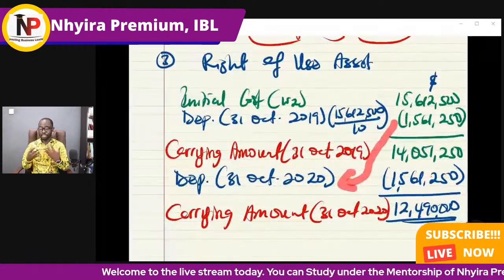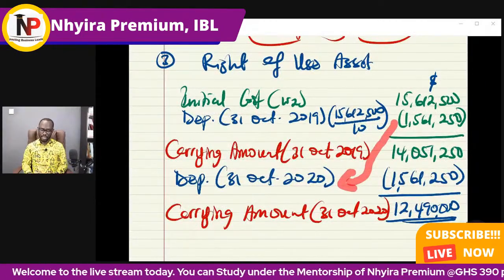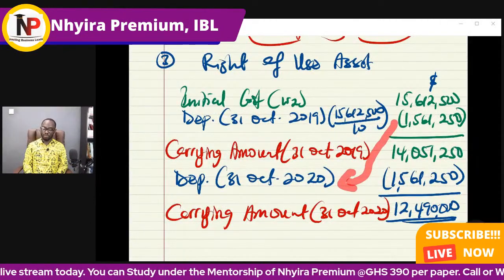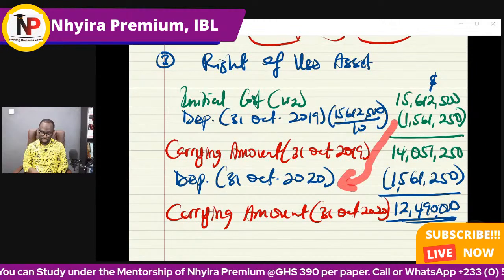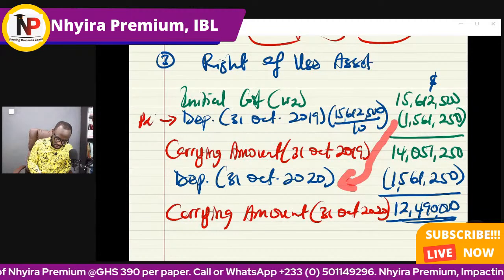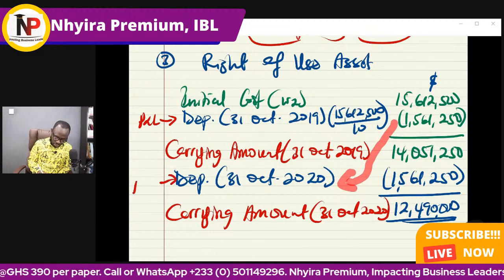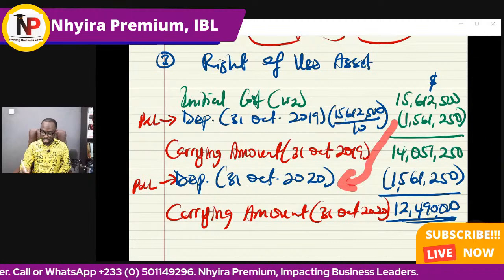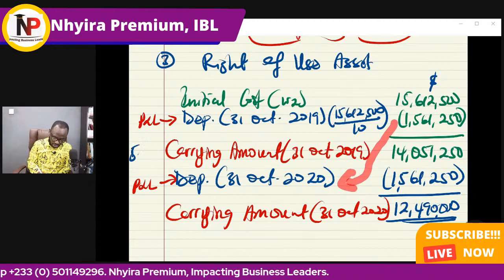So that is the third workings dealing with the right of use of assets. Remember, the depreciation will go to the P&L account. Then the carrying amount goes to the statement of financial position.